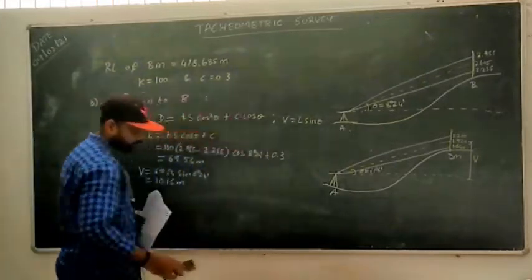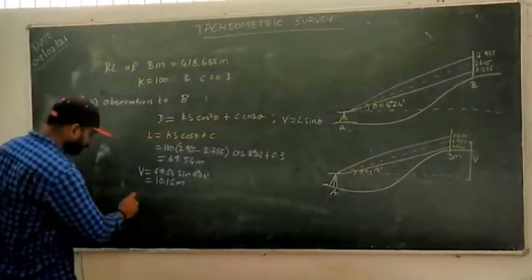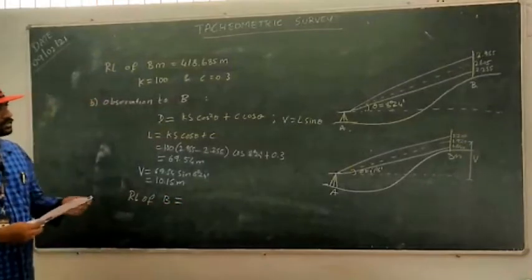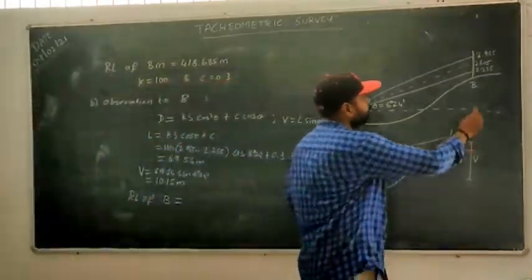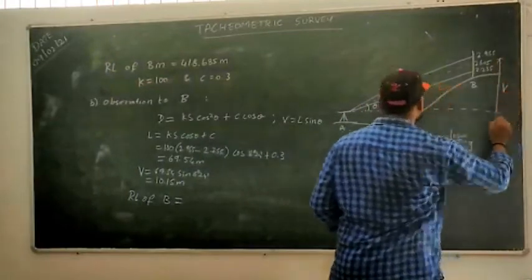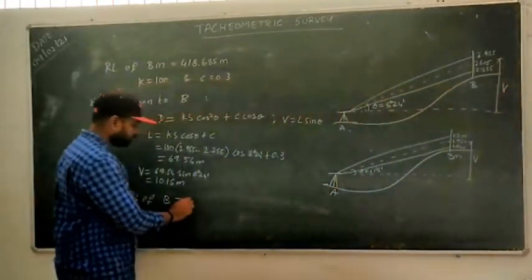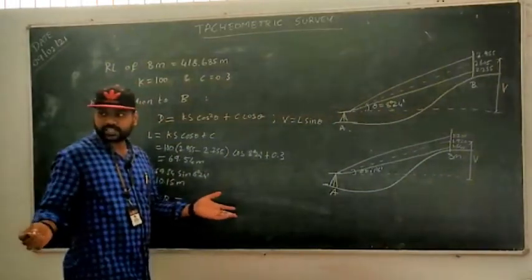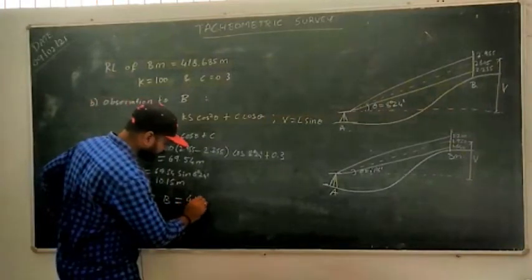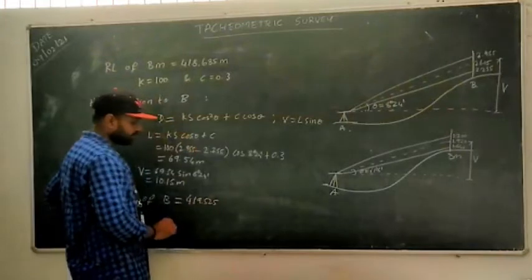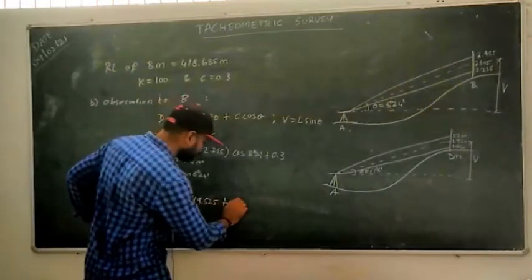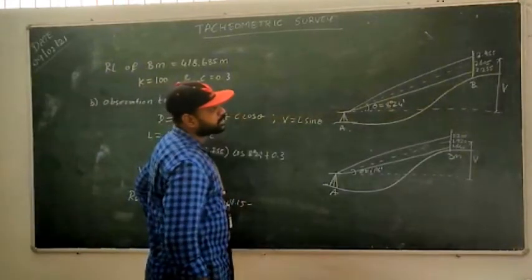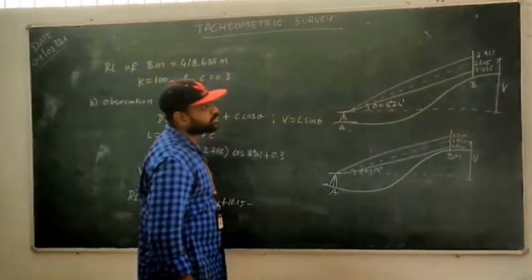Now you got V. Then what do you need to do? You need to calculate the RL of B. To get the RL of B, we already have this V value, right? So tell me first the RL of the instrument axis, because we already calculated it. How much? 419.525. Then plus V, so V is 10.15, minus 2.255 or minus 2.605.